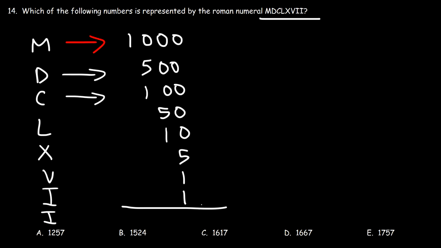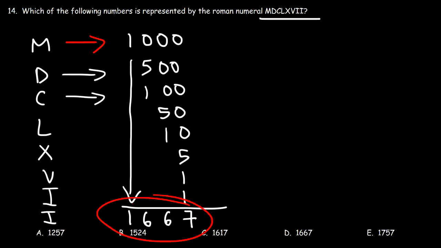So 5 plus 1 plus 1 is 7, 5 and 1 is 6, another 5 and 1 is 6, and then bring down this one. So this corresponds to 1,667, which means D is the right answer.